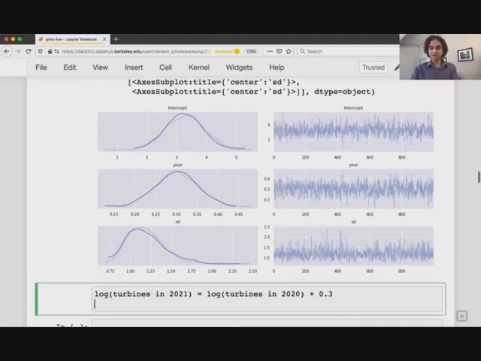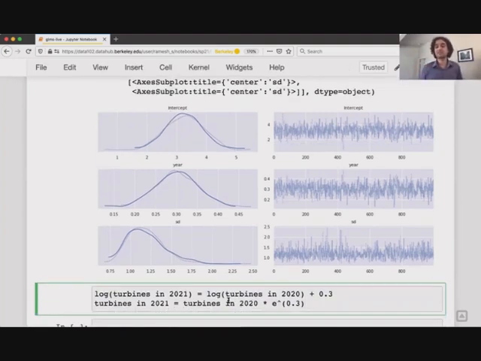We can do a little bit of math on this. We can exponentiate both sides and see that this is equal to e to this something plus something else, which is e to this times e to that. E to the log of this, the log goes away. So this is this times e to the 0.3. So what does this mean? It means that we have a multiplicative growth, right?